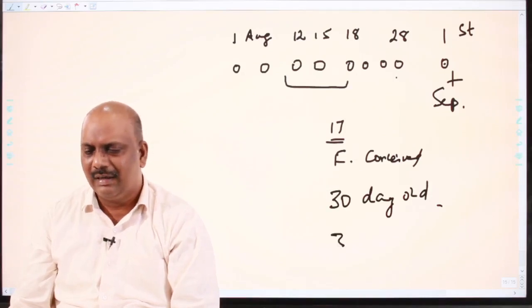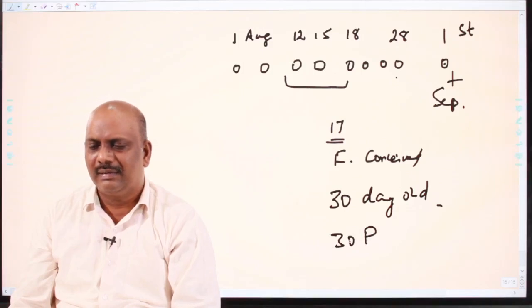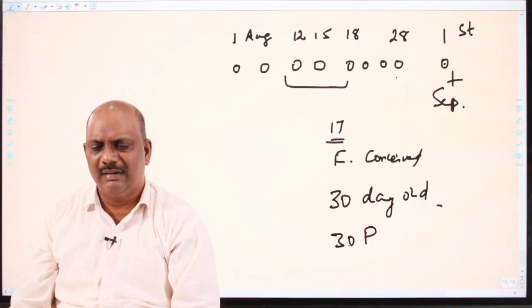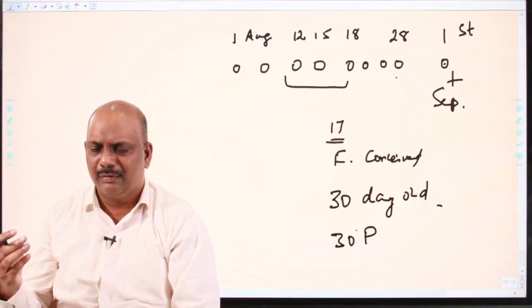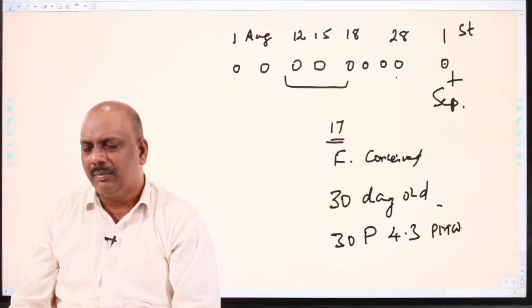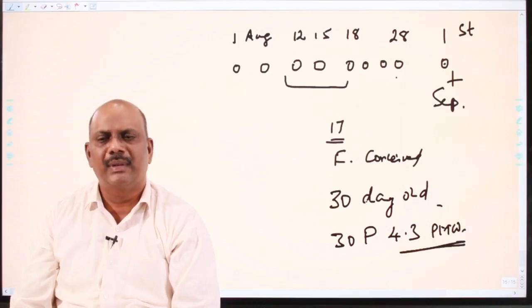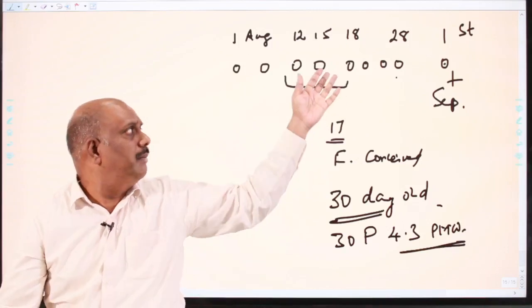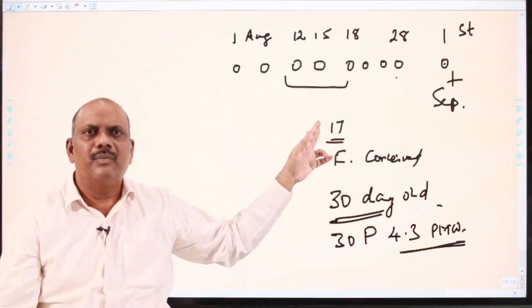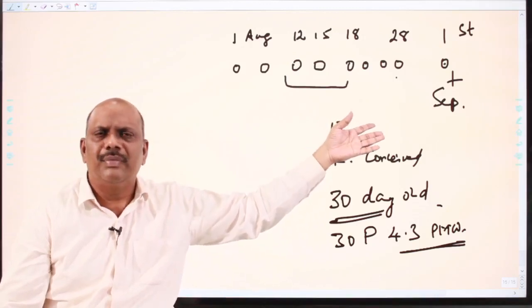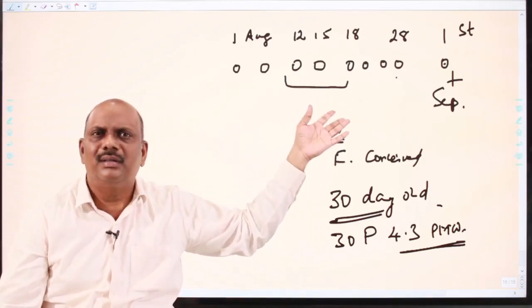That is 30 days, which we can divide to get 4.3 PMW, post-menstrual weeks. They say your baby is 30 days old. Now he may complain, sir, what is this? I came here on 17th only. So my kid should be only some 13 or 14 days old. How are you saying 1 month old?